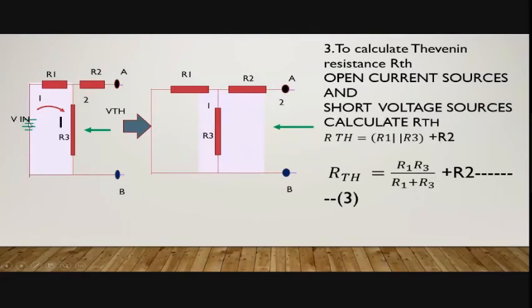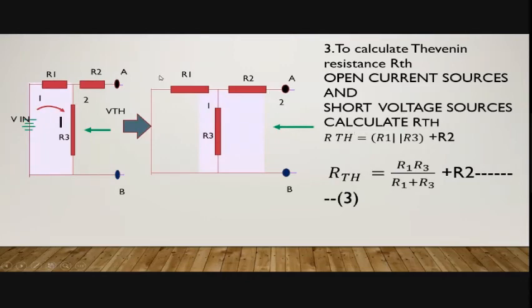Here you have the voltage source, is it not? So you remove the voltage source and connect these two points. This is called shorting the two points. If it is a voltage source, you have to short it. If it is a current source, then you have to open it. How we opened A and B, the same way you have to open these two points. Then you have to calculate RTH.